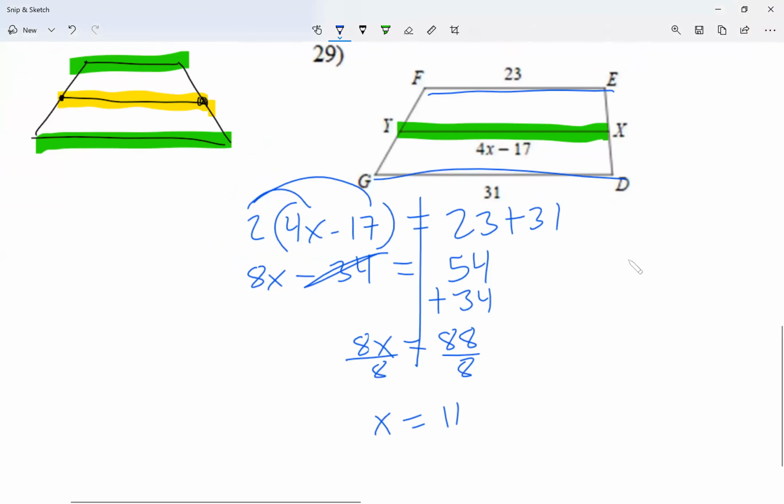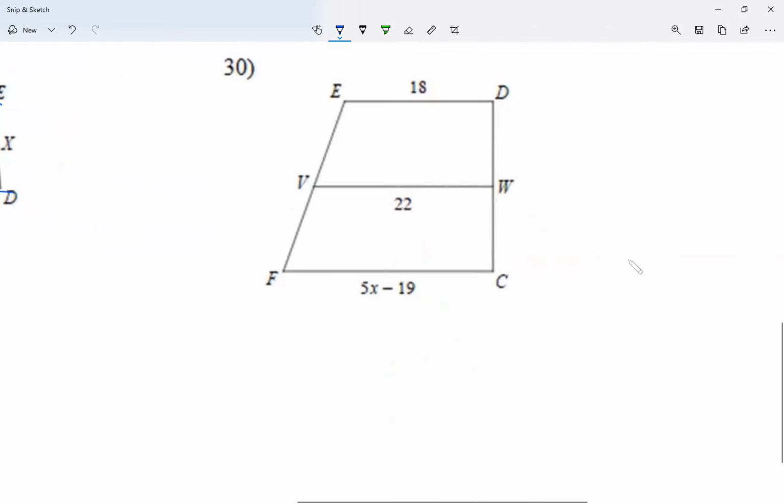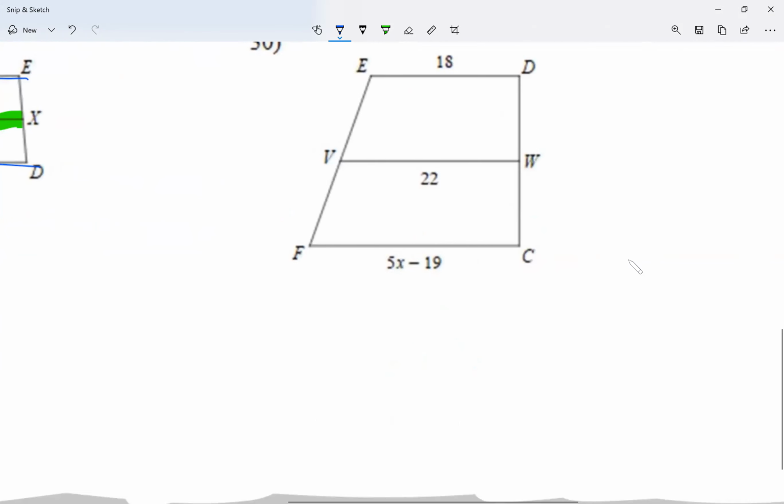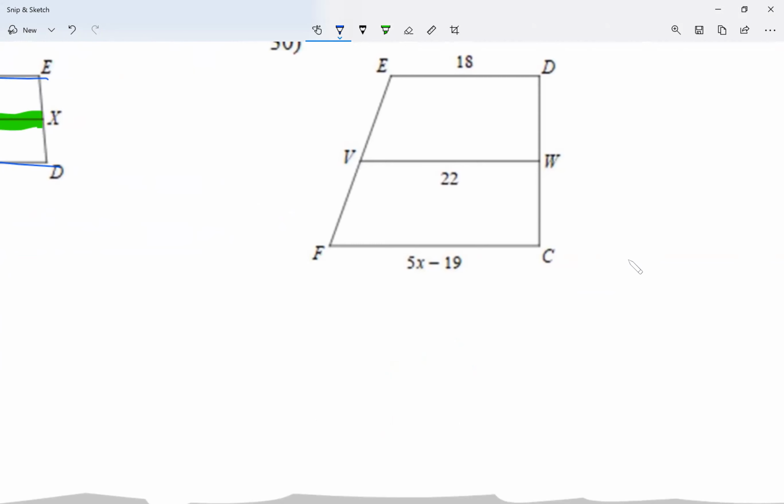Now notice how x was in the mid segment or median, however you want to call it. Right? It's in the segment in the middle. But sometimes x might not be in the middle. Let's take a look at number 30. Notice how x is in the bigger side. The way I'm going to solve for x, let me identify the mid segment or median, however you want to call it.